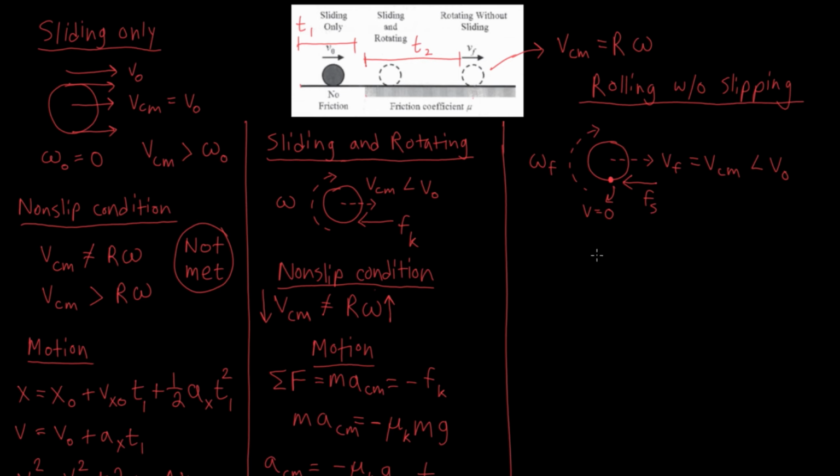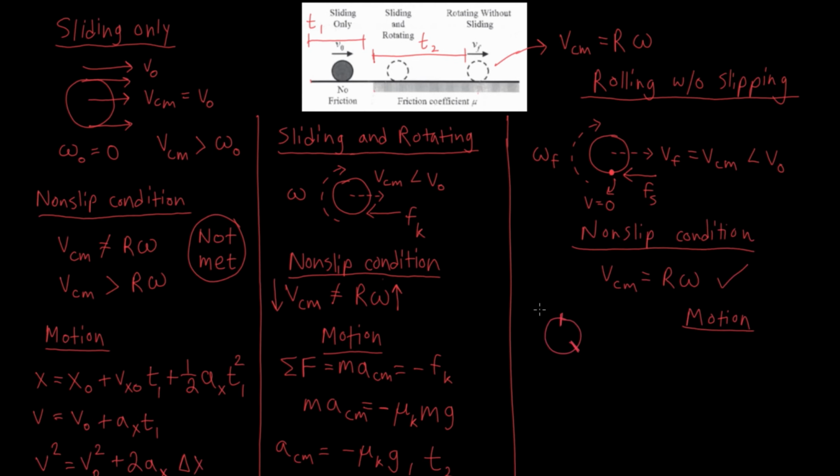So now let's analyze the motion of the object. And also, since the object is rolling without slipping, we know that the non-slip condition is satisfied in this case, because the velocity of the center of mass has decreased enough from its initial velocity, and the angular velocity has increased enough until this condition is satisfied.